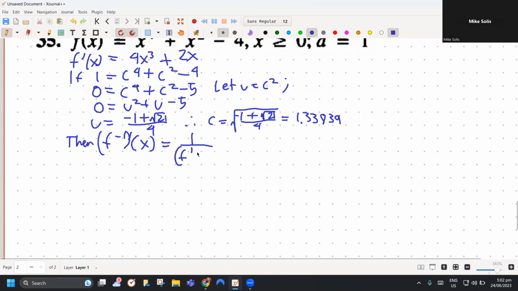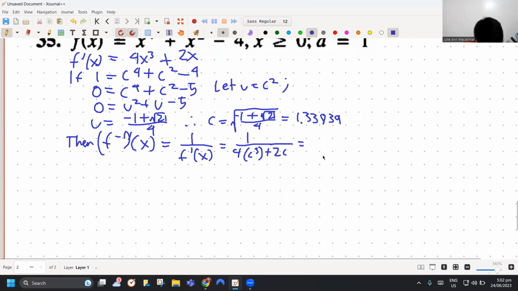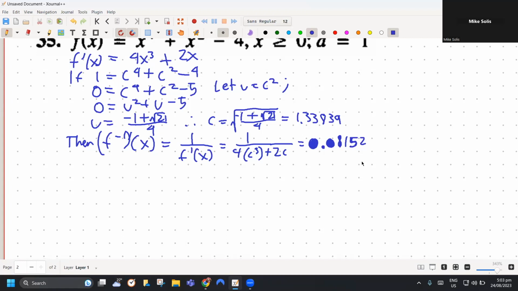So, f inverse prime of 1, for cube. Yeah, sige, gawin ko rin yung 4 times 1.3384 cubed, plus 2 times 1.3384.